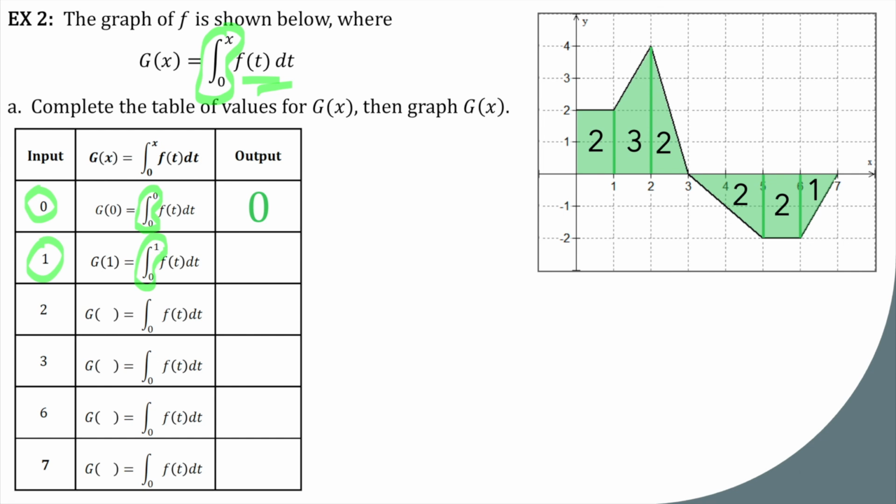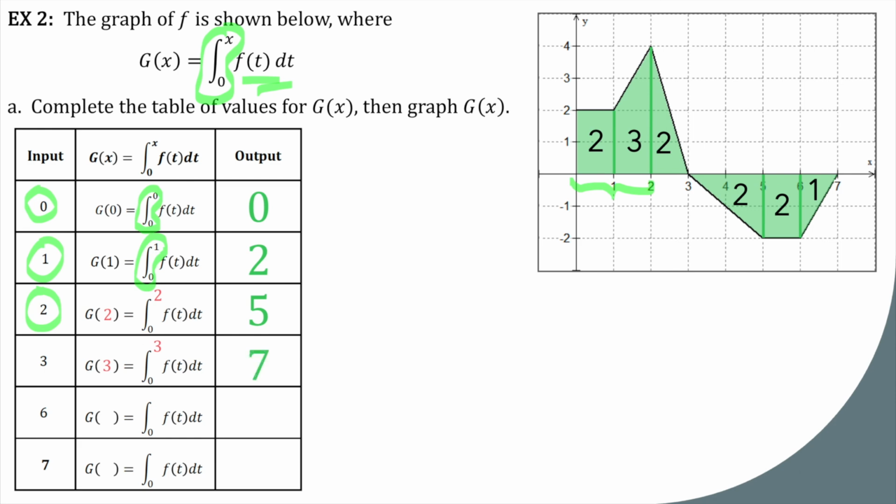And you can look at the graph, and that's that rectangle of 2. So you can see where we're going here. With an x value of 2, we want g of 2. So the area between 0 and 2. So that'll be 2 plus 3. That's 5.